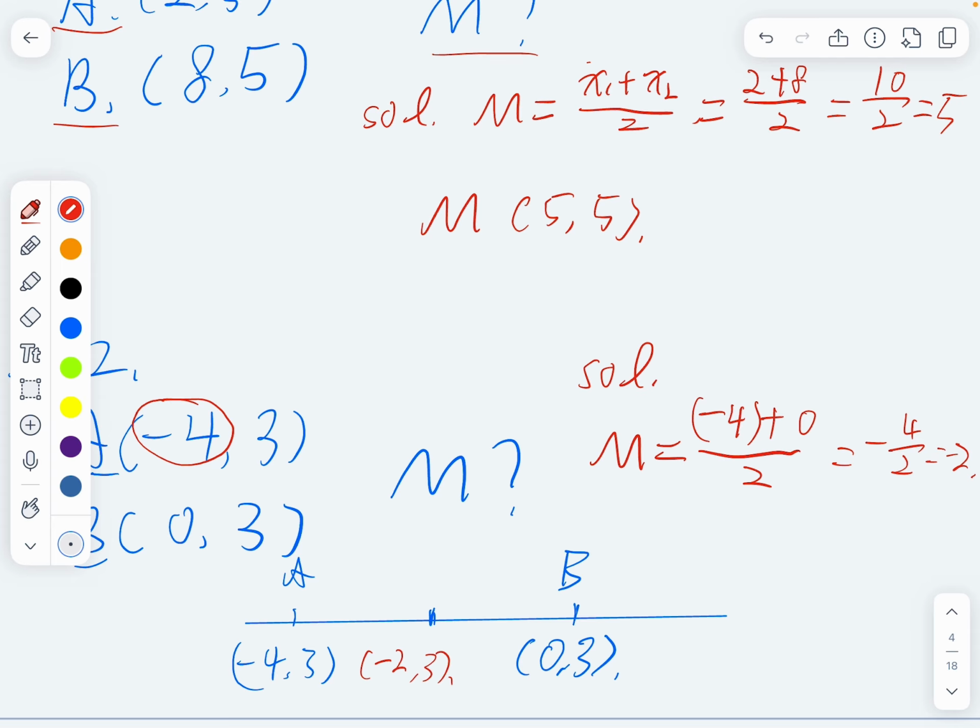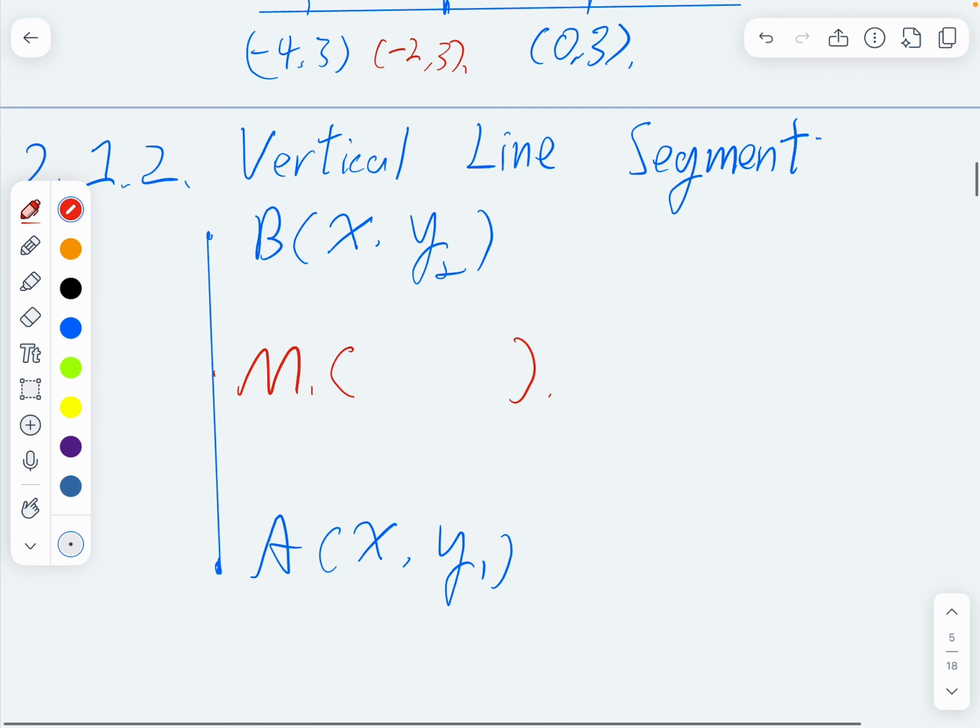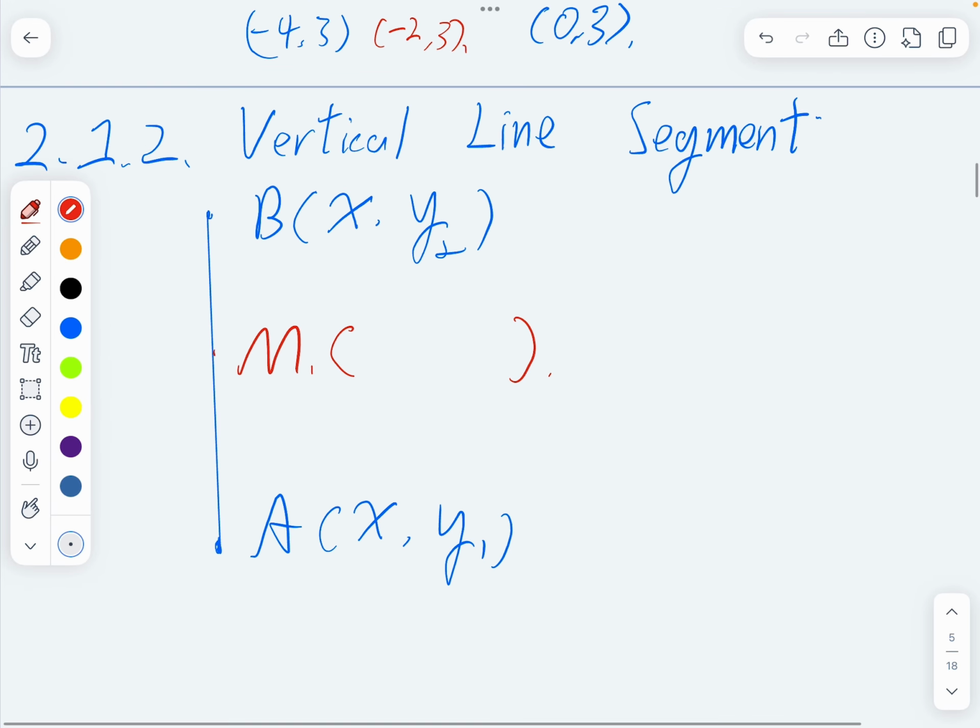The second type is a vertical line segment. So how do we find the midpoint of a vertical line segment?